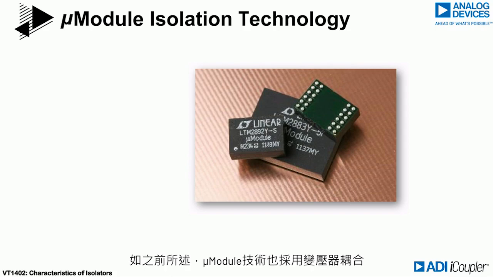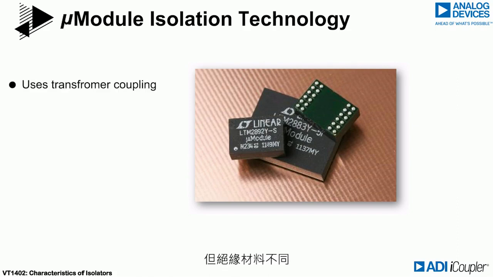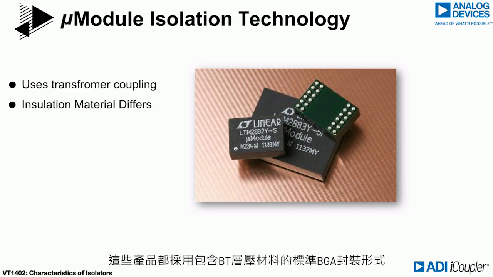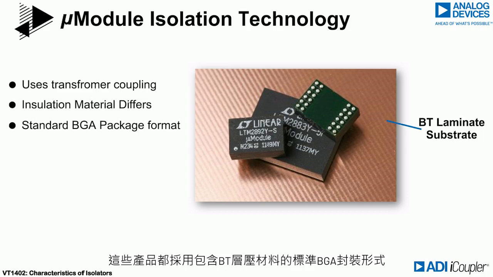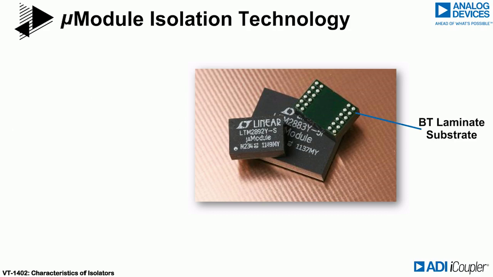As noted previously, micromodule technology also uses transformer coupling, but a different insulation material. These products are in a standard BGA package format that contains a BT laminate material, which is visible from the bottom. The BT laminate serves as the insulation.